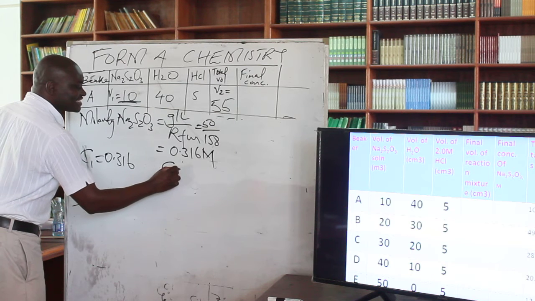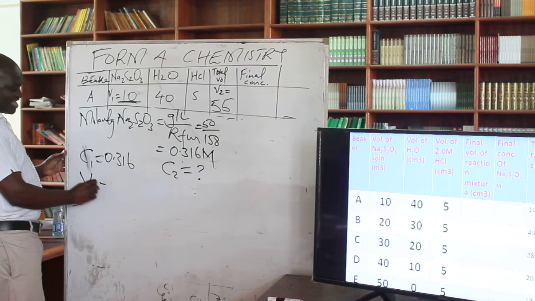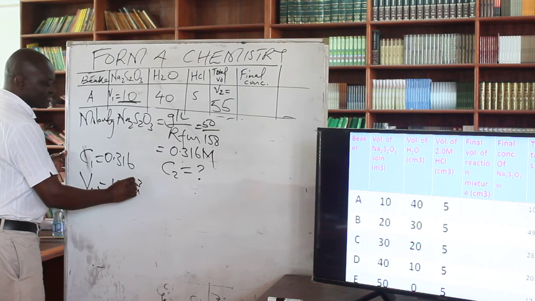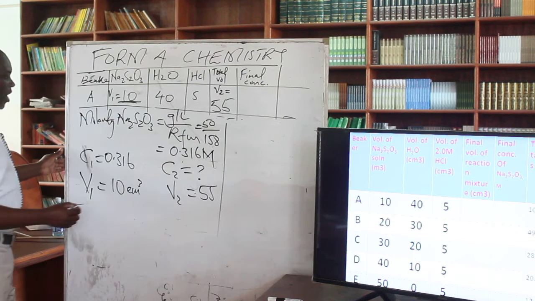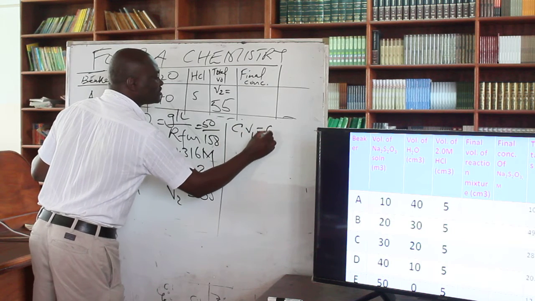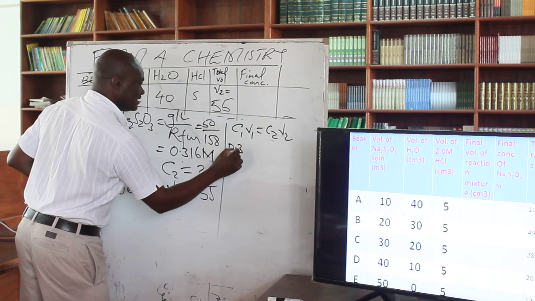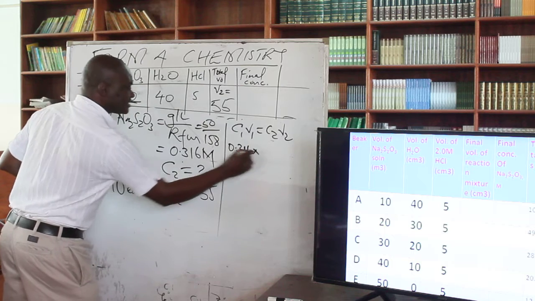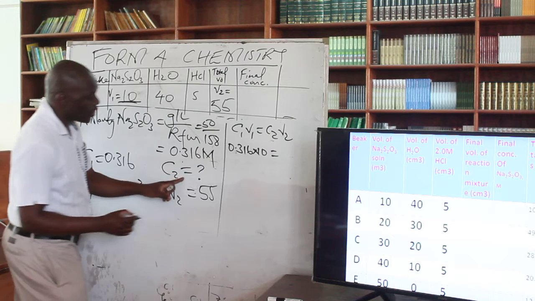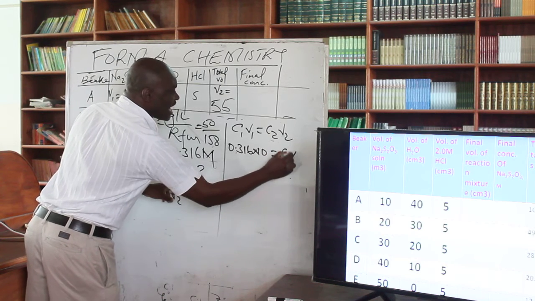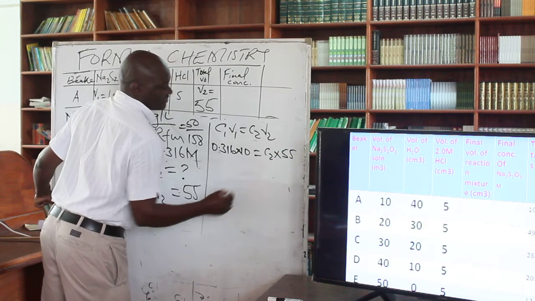The final concentration, we don't know. The original volume is 10 cubic centimeters. The final volume is 55. So we have agreed that C1 V1 is equal to C2 V2. C1 is 0.316 times V1, which is 10, is equal to C2, which we don't know, times V2, which is 55.